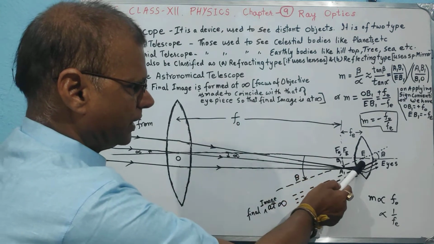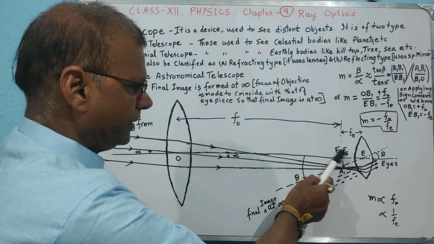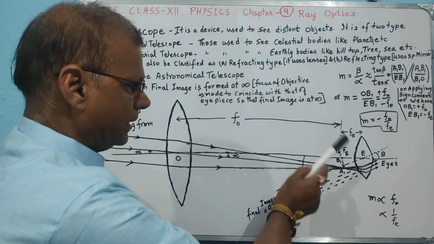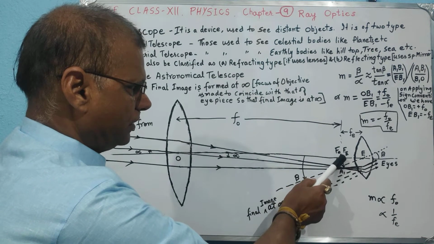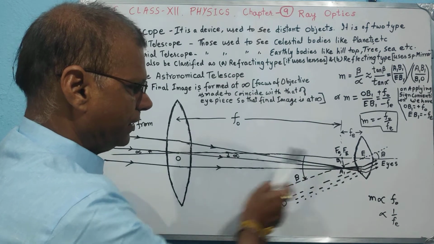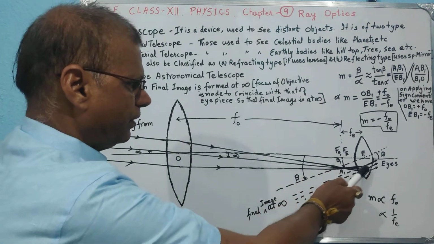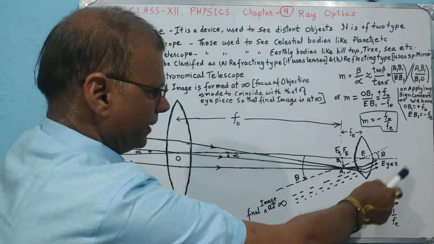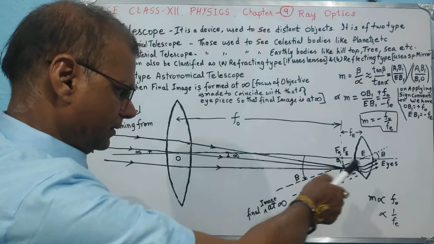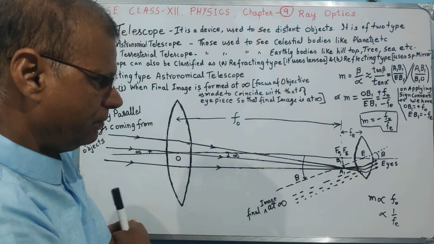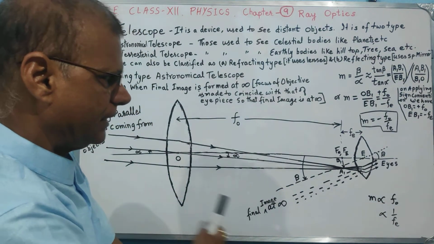And since the focus of eyepiece is coinciding with the focus of objective, therefore the image of this A1B1 will be formed at infinity. So when seen, the image will be seen to be formed at infinity.